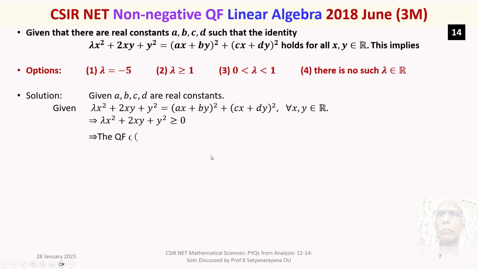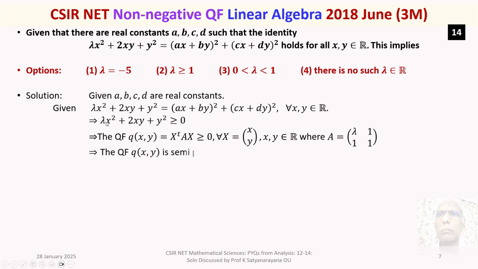This will imply the quadratic form denoted by q of x comma y is equal to X transpose A X greater than or equal to 0 for all X, the column vector (x, y), belonging to R, where the matrix of the quadratic form A is [lambda 1; 1 1]. It is a 2 by 2 matrix.